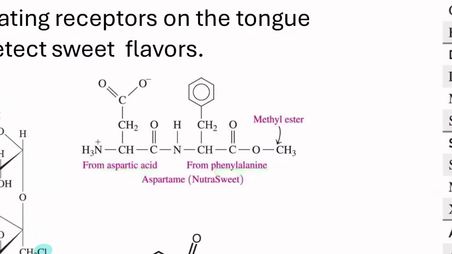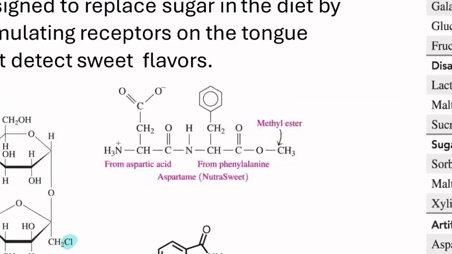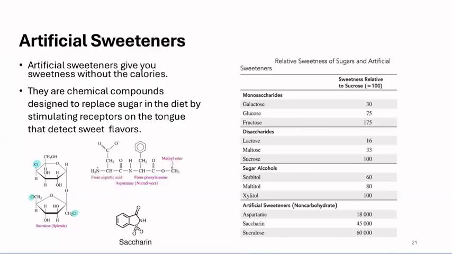And at the end of that phenylalanine, a methyl group was added to form an ester. Now, when it comes to the sweetness levels, since sucrose is at 100, aspartame is at 18,000. So it is another artificial sweetener that is much sweeter than table sugar.